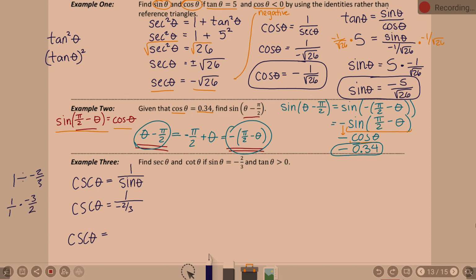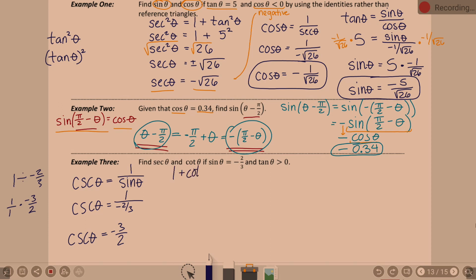Negative 3/2. In other words, 1 divided by negative 2/3 is negative 3/2. It's the reciprocal, yes? It's a fancy way of getting to the reciprocal. So now since I know cosecant, could we use the Pythagorean identity with cosecant and cotangent? Yeah.